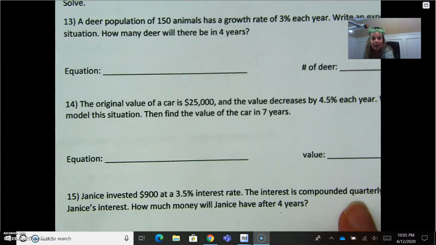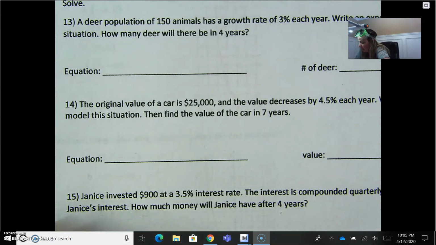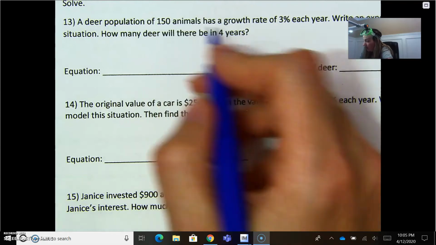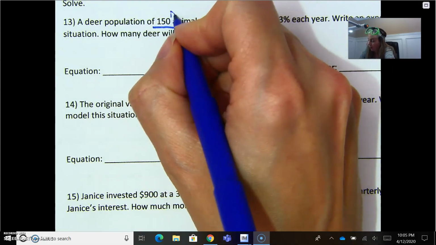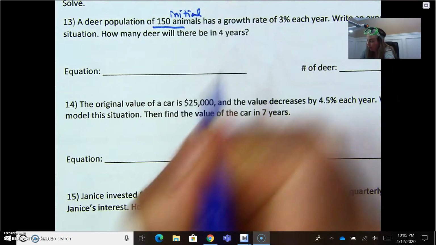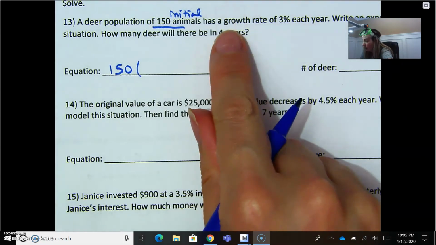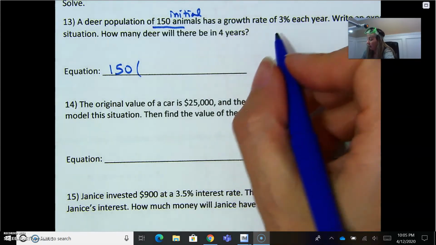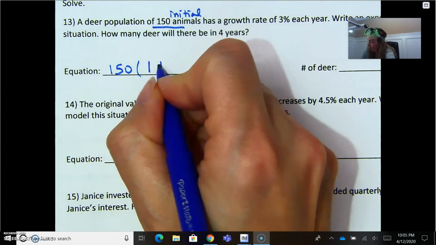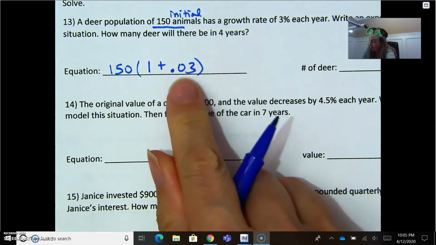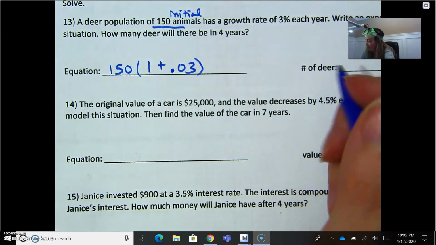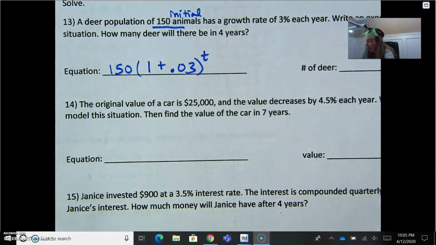All right, and the last thing we did were some word problems. A deer population of 150 animals, so this is your initial value. That's what we're starting with. It has a growth rate of 3%. So if it's growing by 3% each year, so each year is time.